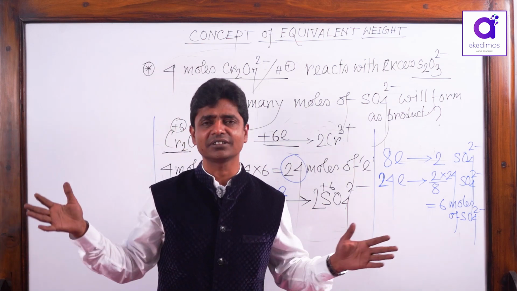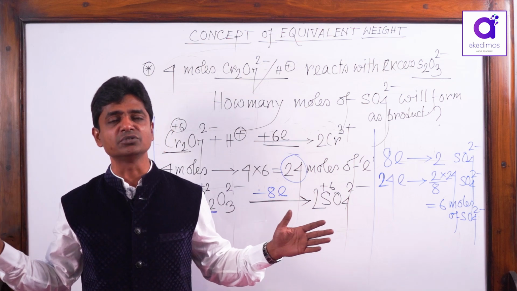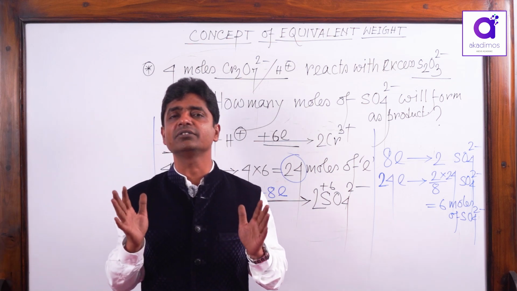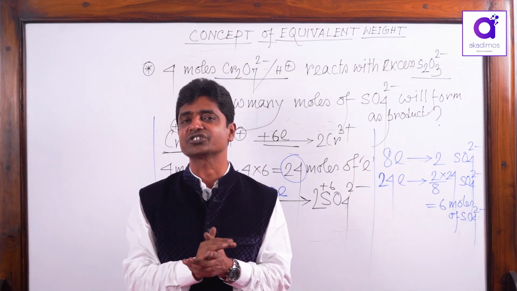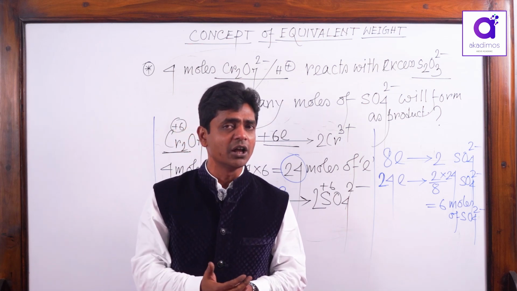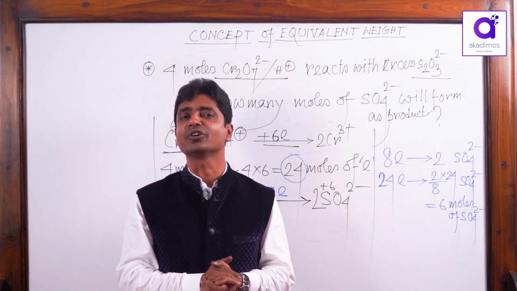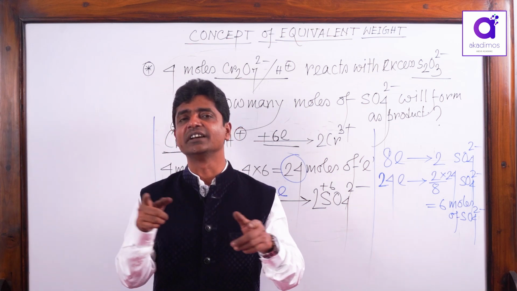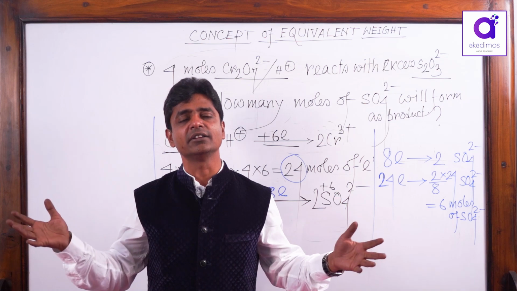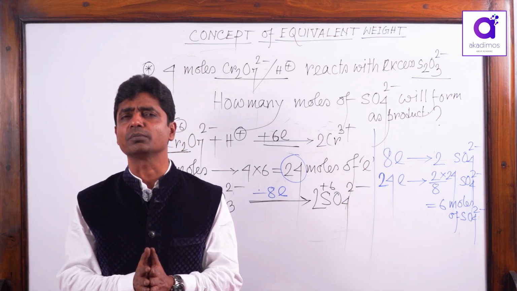Loss of electrons equals gain of electrons, since in a balanced equation you never get electrons. Loss of electrons by the reducing agent and gain of electrons by the oxidizing agent are always equal. Just equate it and you can easily solve any stoichiometry problem.